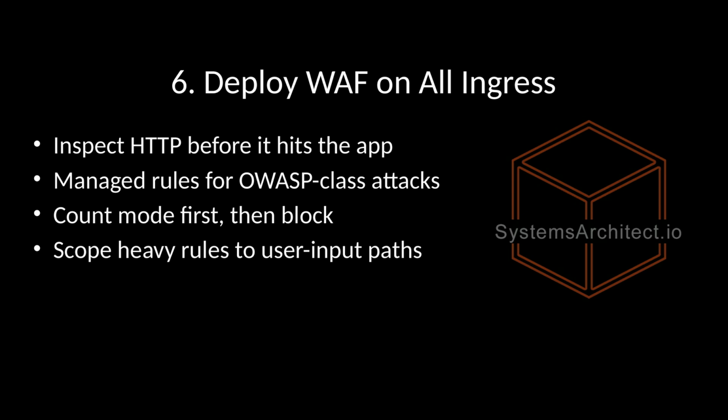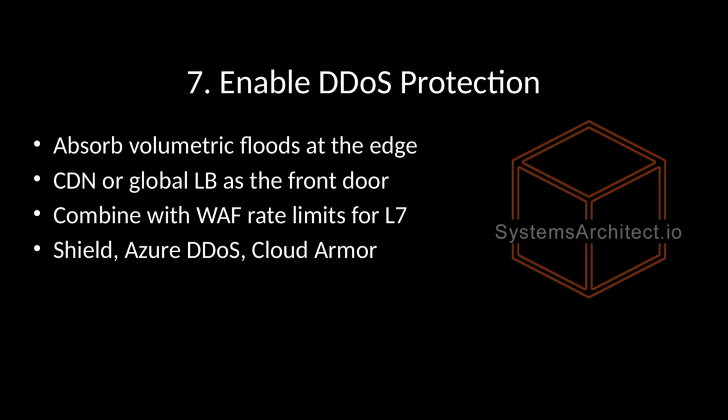On GCP, Cloud Armor on load balancers with pre-configured SQL injection, XSS, and path traversal rules, preview mode, and adaptive protection for application layer floods. XSS, cross-site scripting, is a common web application vulnerability.